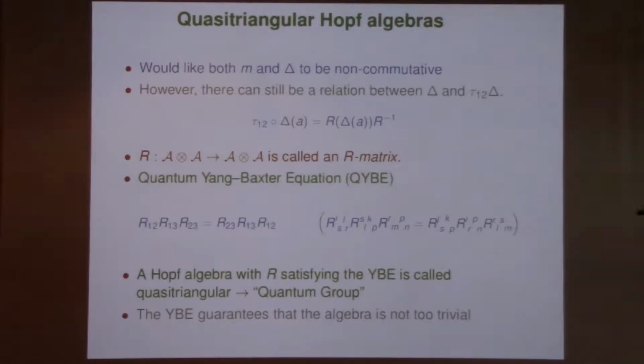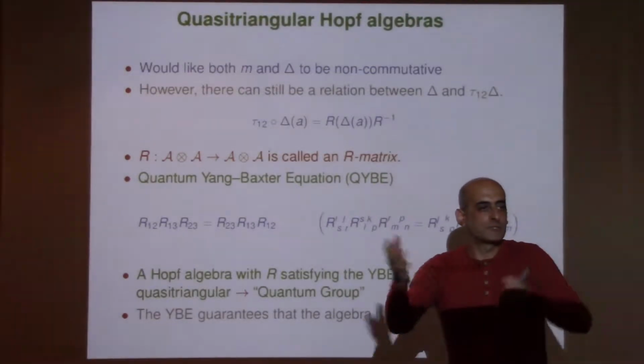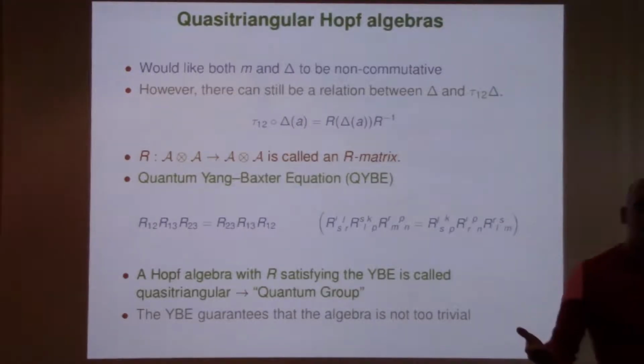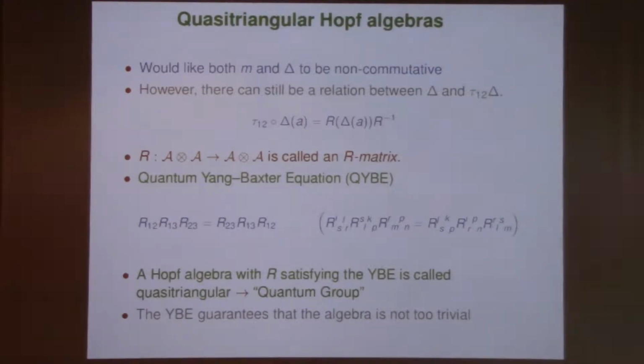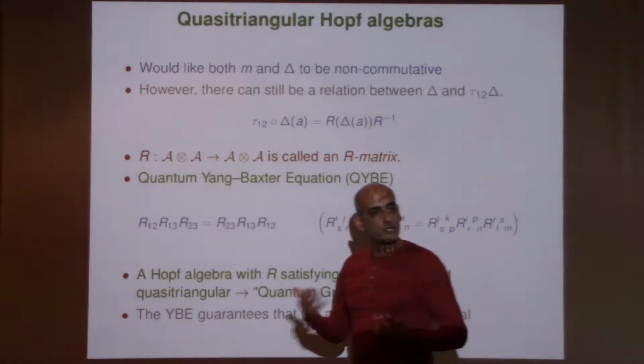Because you can write down relations between these things, and what guarantees that they are actually consistent? It could turn out that you can write relations which force some of these elements to be 0, because somehow you can write things that don't make sense unless things are 0. And the Yang-Baxter equation is what really guarantees that this doesn't happen, that you can actually work with multiple copies of your algebra, and everything is well defined.